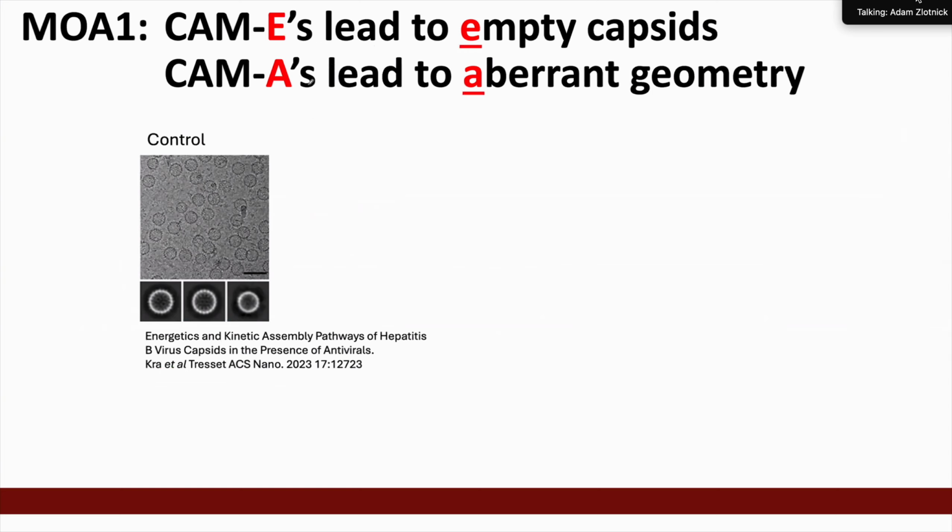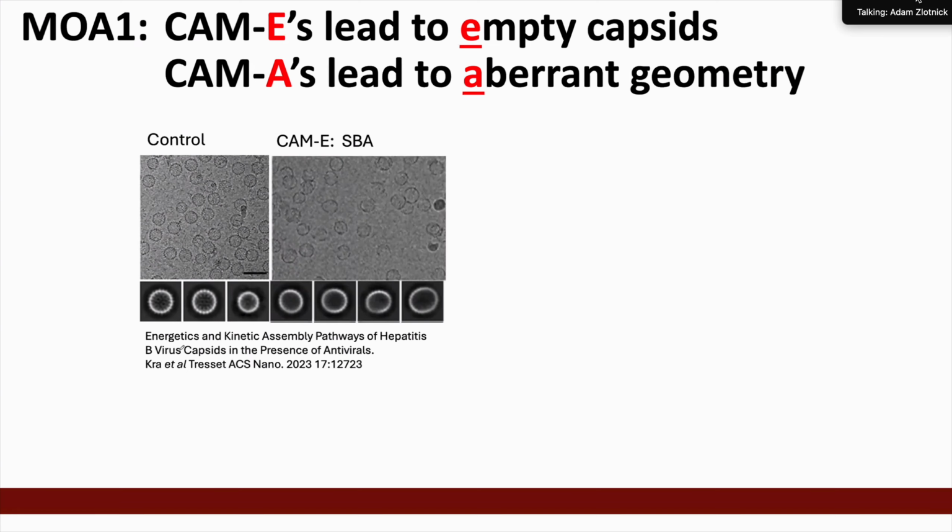CAMs have been subdivided into CAM-Es that lead to empty capsids and CAM-As that lead to aberrant assembly. In a normal assembly reaction, you come up with a large collection of very regular particles, and that regularity is emphasized in these class averages. In the presence of a CAM-E, we should expect more of the same.